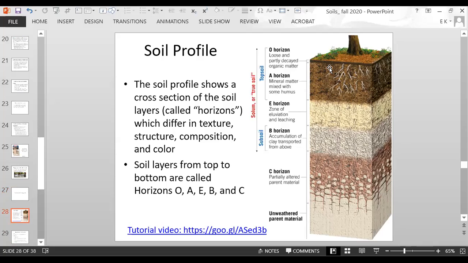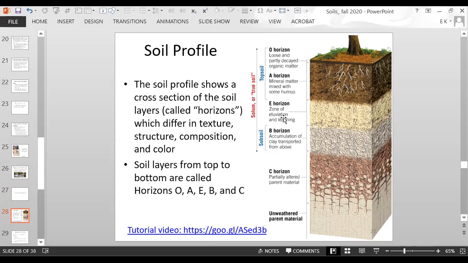Soil layers from the top to the bottom are called horizons O, A, E, B, and C. You have this diagram in the textbook, and then they describe each of them. The O horizon is loose and partly decayed organic matter. The A horizon is mineral matter mixed with some humus.